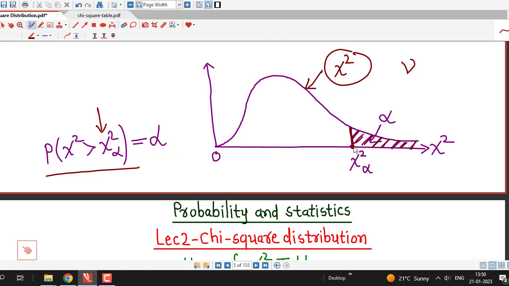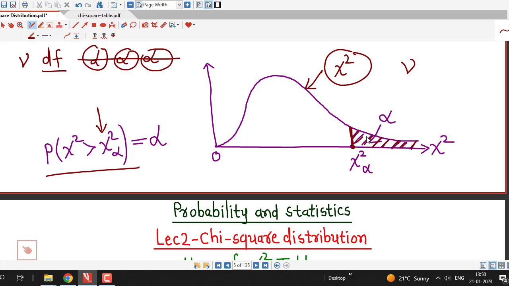So in the chi-square table, we will be having this type of situation. On the left column, we will be given degrees of freedom, and the column headings will be alpha, the area in the tail. So these column headings are nothing but the area alpha which is in this tail.